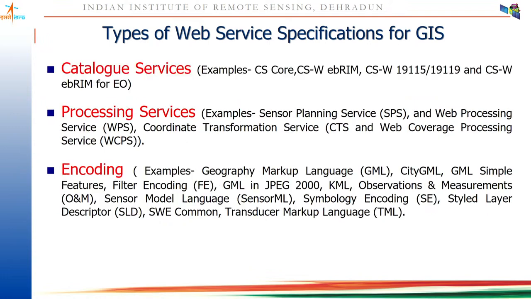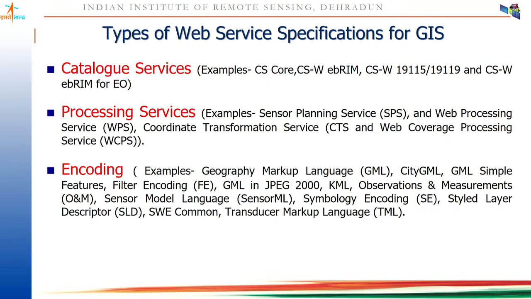So here, the catalog is like a clearinghouse where we design the standard for metadata. Processing is real-time processing of vector and raster data where we have the processing services called web processing services, WPS. You can share the APIs or web service URL so that the user can process your raster and vector data on the fly without physical download of this data.